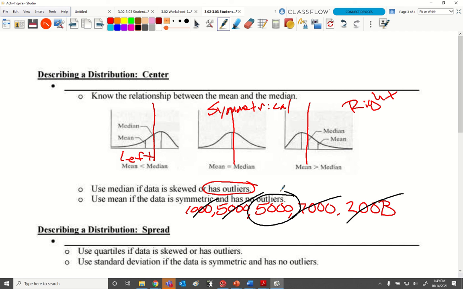That's closer to what our income would be, right? That's why if there's an outlier, you use median. And if there's no outlier messing up my data, then I would use mean, which is average. So they're both important, they're just used at different times.